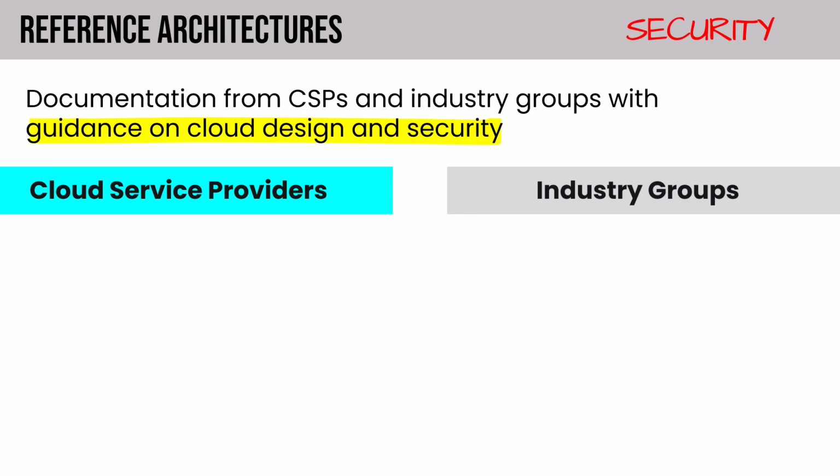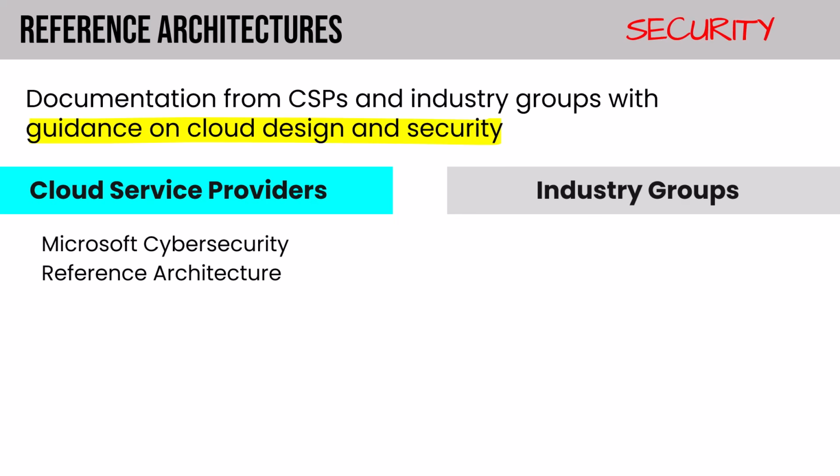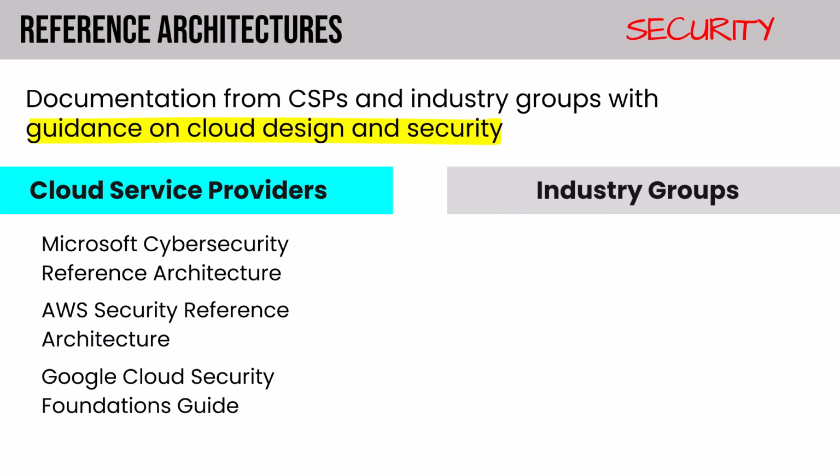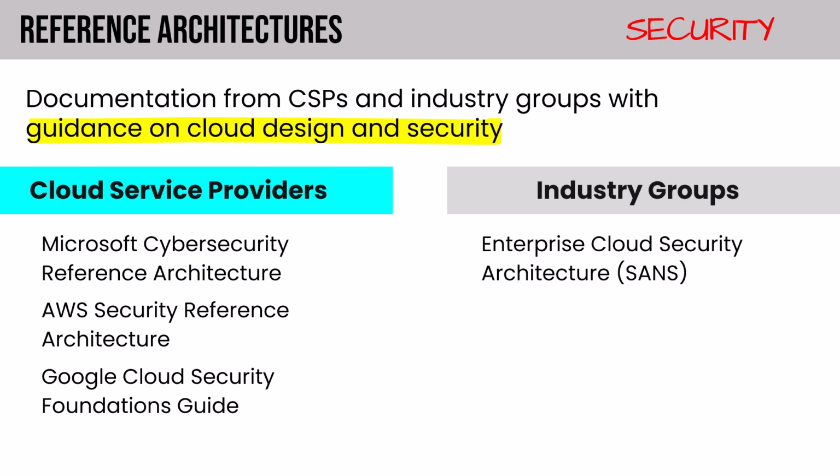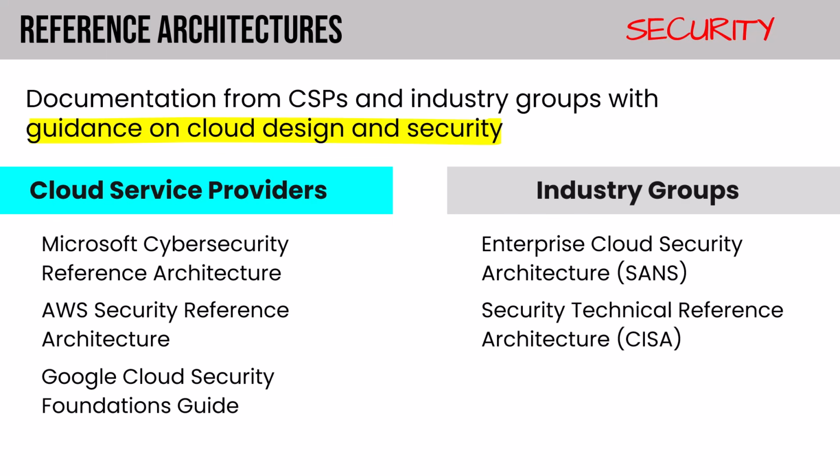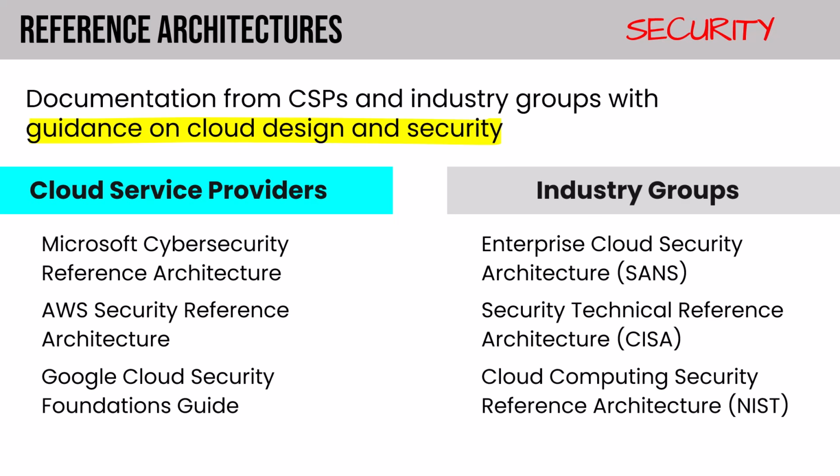Now, security focused, we have the Microsoft Cybersecurity Reference Architecture, the AWS Security Reference Architecture, and the Google Cloud Security Foundations Guide. Now, from the industry, we have the Enterprise Cloud Security Architecture from SANS, the Security Technical Reference Architecture from CISA, and the Cloud Computing Security Reference Architecture from NIST.